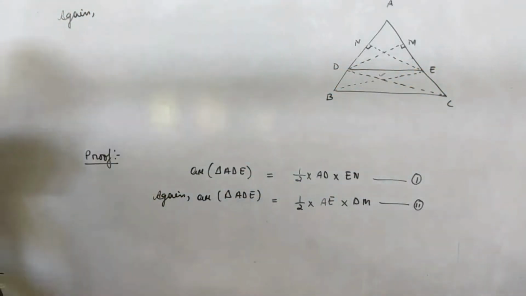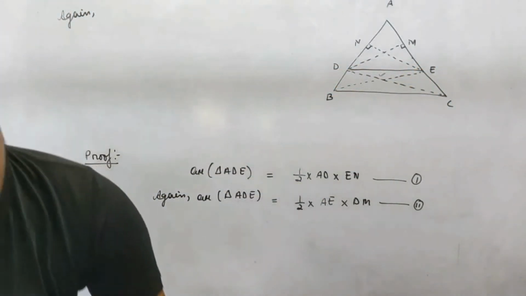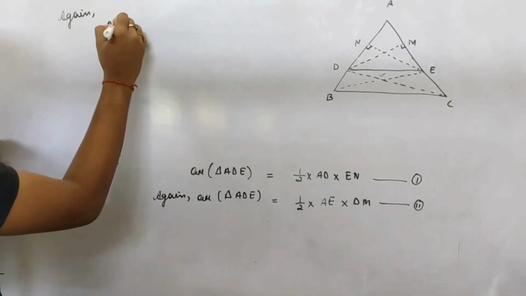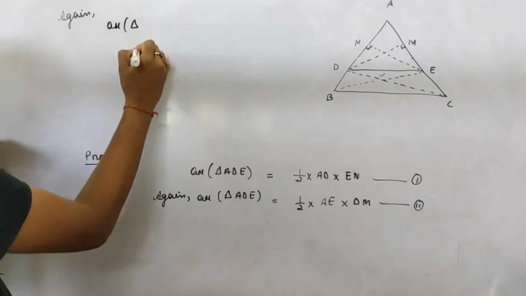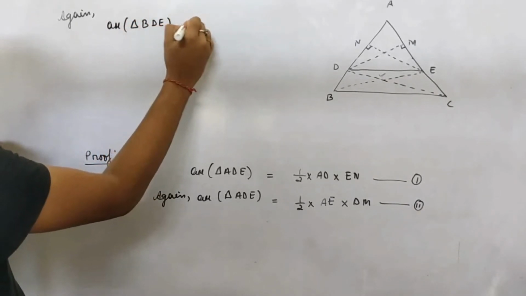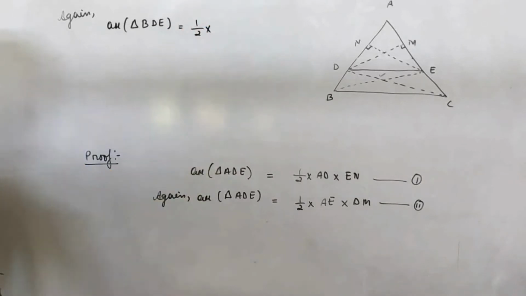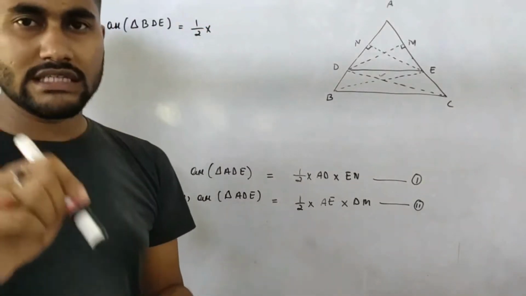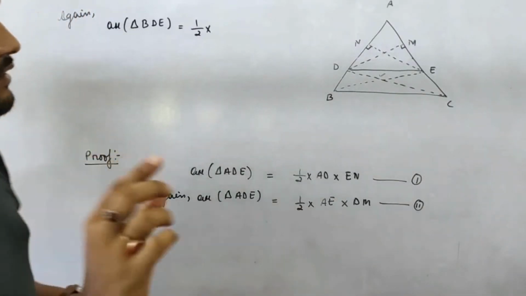Same way, I will write area of triangle BDE will be equal to again half into base and height. At first, you see the height. If there is a height, there will be a 90 degree. Search for the 90 degree.